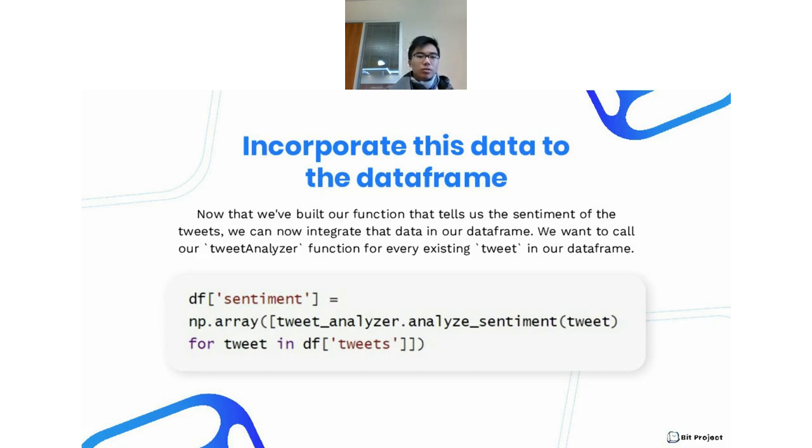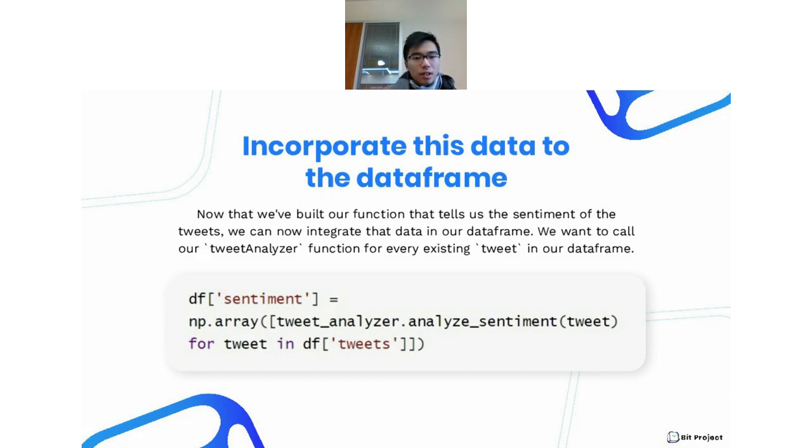And now we'll be adding on to our DataFrame function. We basically have done most of the work. We just need to add on to our DataFrame. Your DataFrame should have already been created, and we're just adding on to it now. You can do this with this line of code here.